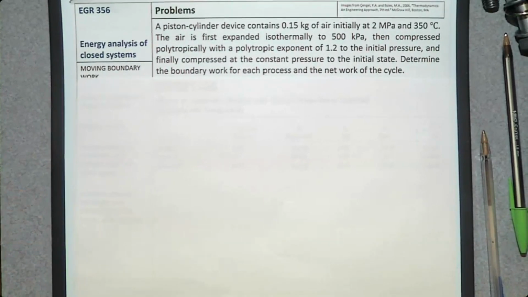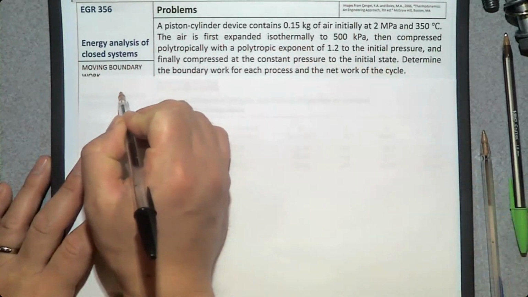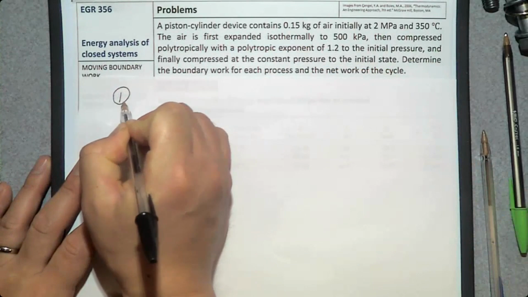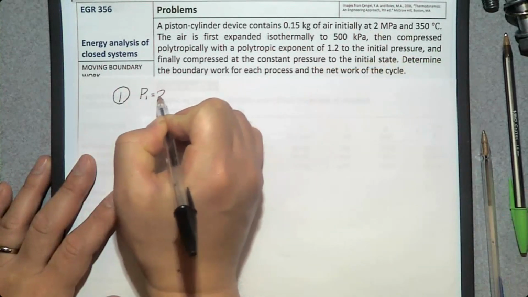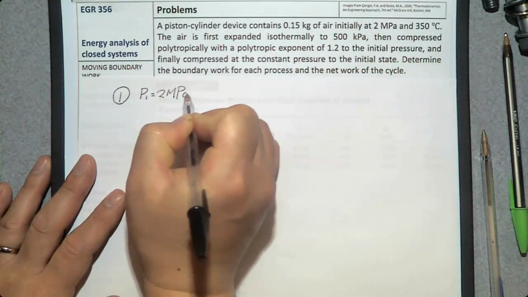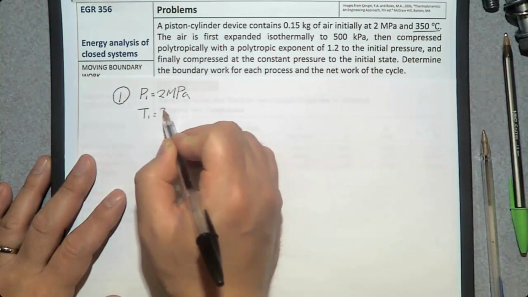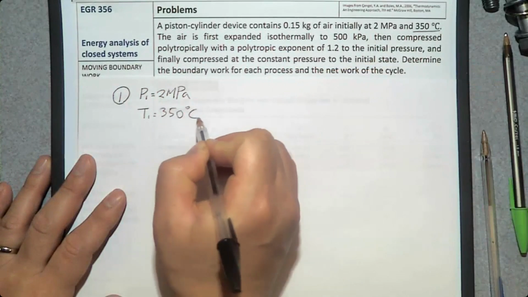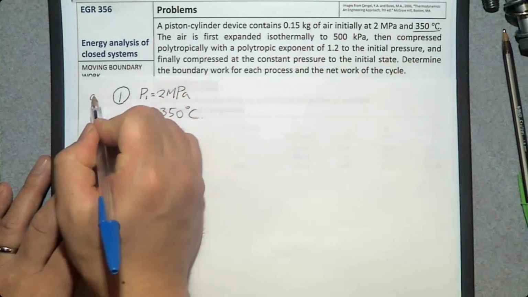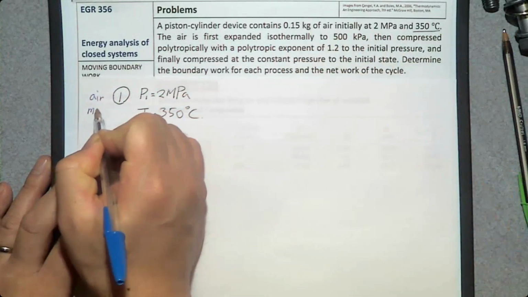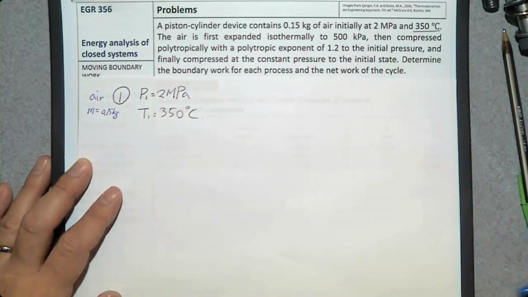I restarted last week. Okay, so we have initial state number 1, and the pressure P1 is 2 megapascal, and temperature T1 is 350 degrees Celsius. This is air, and the mass of the system is 0.15 kilograms.